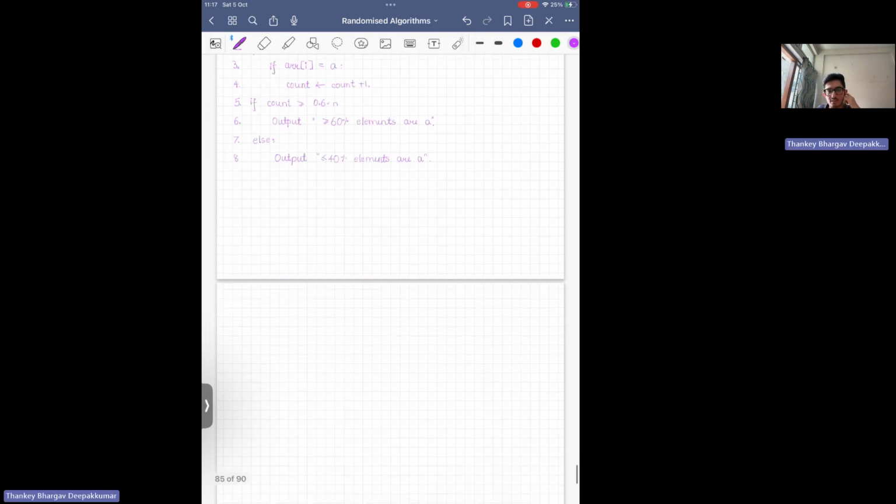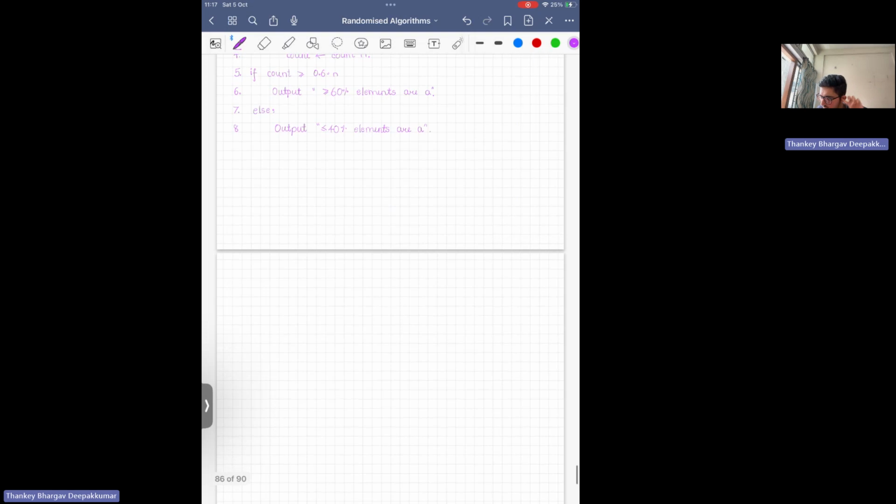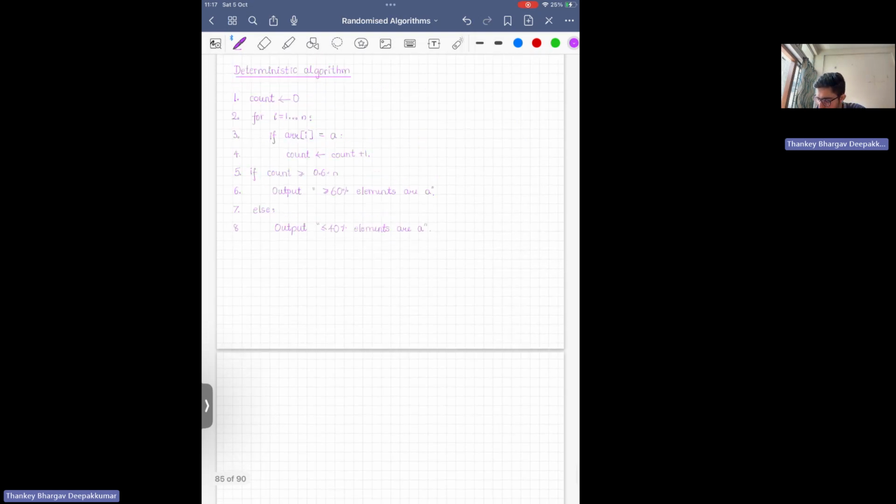Yeah, so this is the deterministic algorithm. And the running time of this is order n because we are going over the entire array.